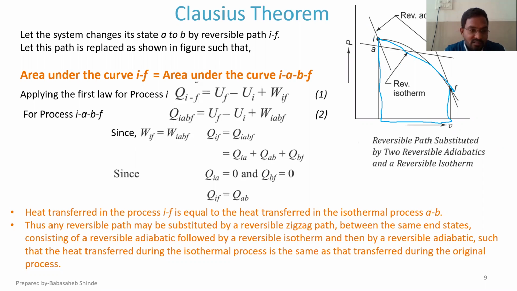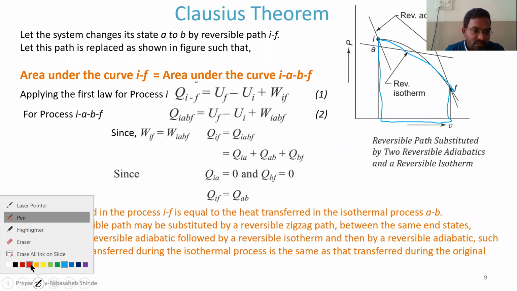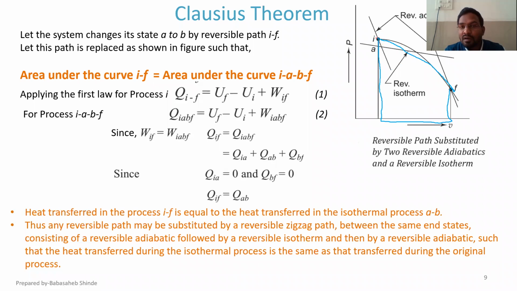The area under this replaced process IA, that is reversible adiabatic, AB is reversible isotherm, and BF is reversible adiabatic again. The area under this IABF must be equal to the area under the curve IF.